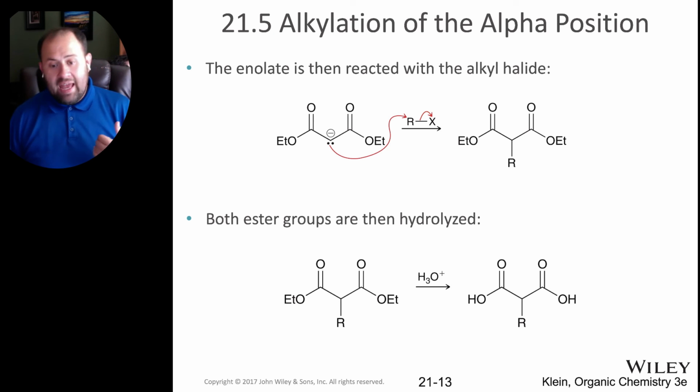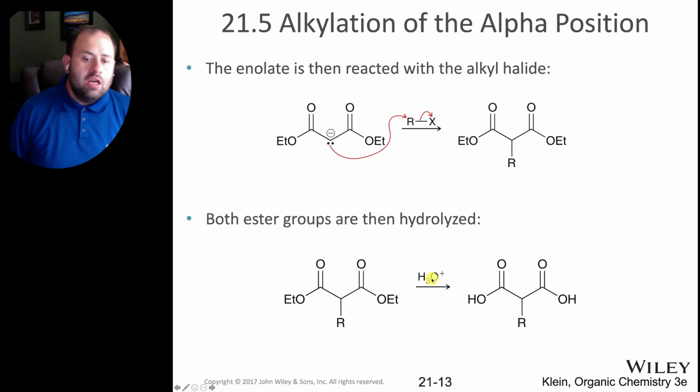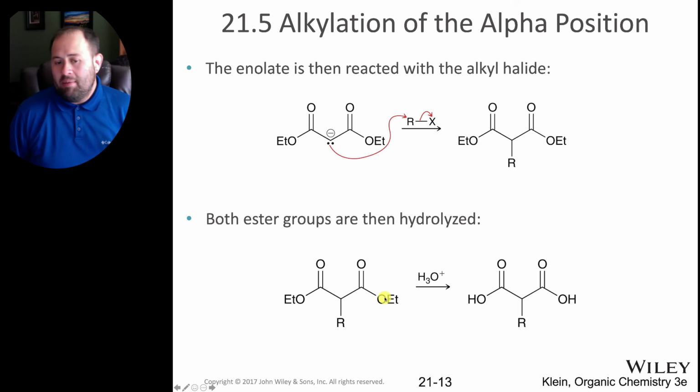Now, the next stage is adding acidified water, or H3O+ in water, hydronium in water. What that's going to do is take the two ester groups and transform them into carboxylic acids. Some might argue that's why it maybe doesn't matter whether we have sodium ethoxide or sodium methoxide, and end up scrambling these into MeO groups if we were to use methoxide, because we're going to get rid of them anyways with this hydrolysis.